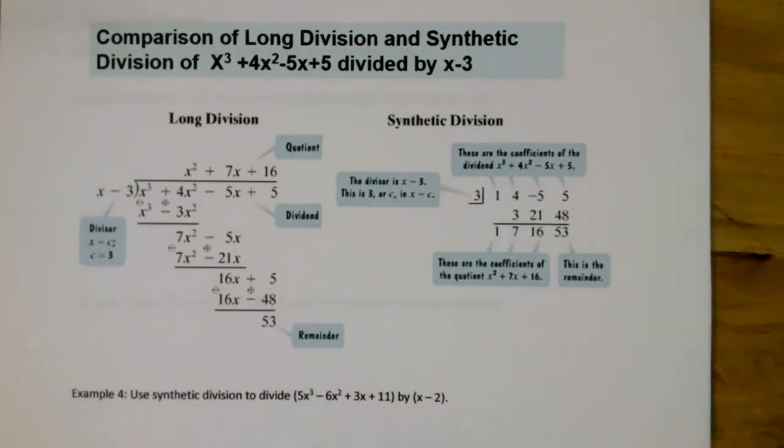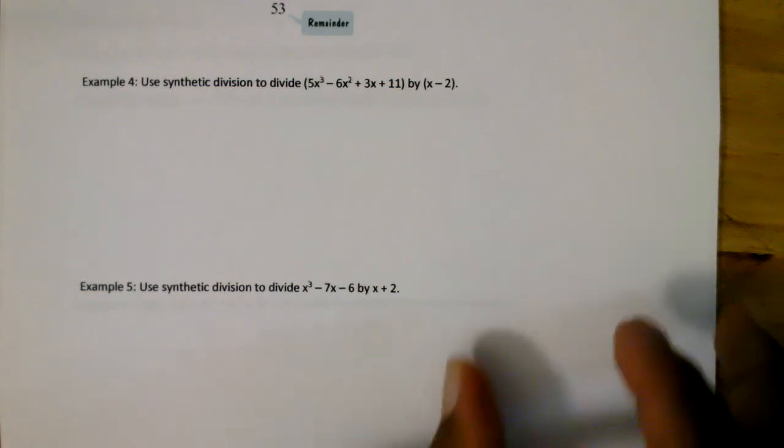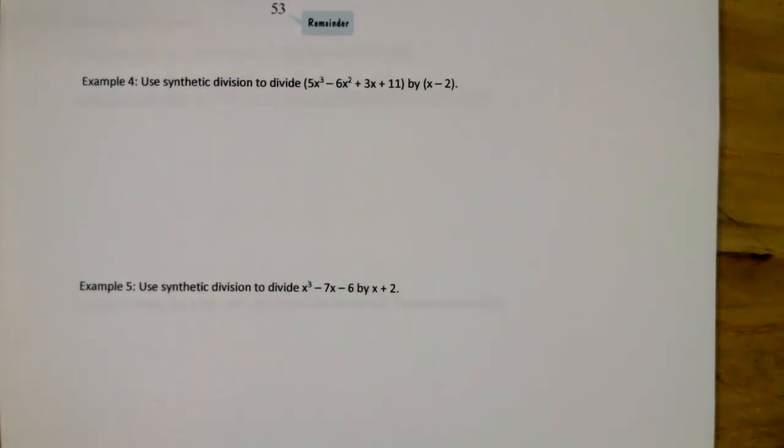Okay, so now let's do a few of these, like in example 4. Here we're going to use synthetic division to divide 5x cubed minus 6x squared plus 3x plus 11 by x minus 2. Okay, so let's set up our synthetic division.